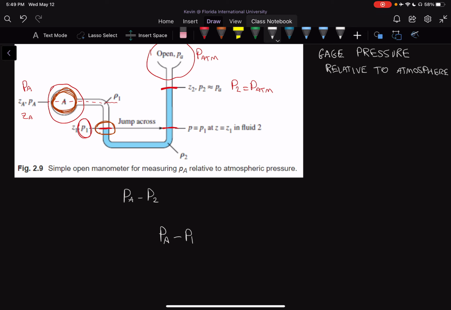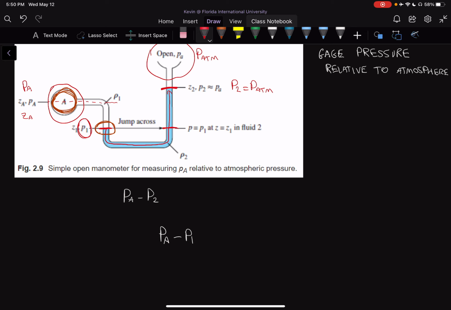And we also know this fluid is running continuously from here all the way to here, and we remember that if there's a difference in height in a fluid, there's a difference in pressure in that fluid.